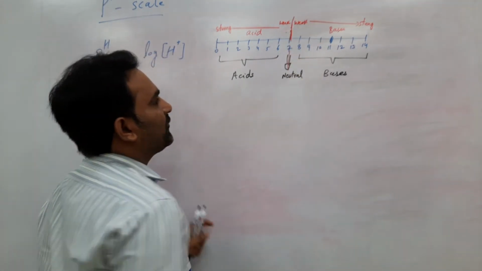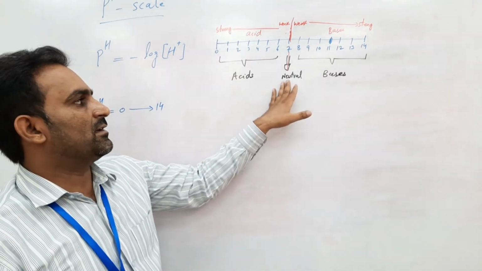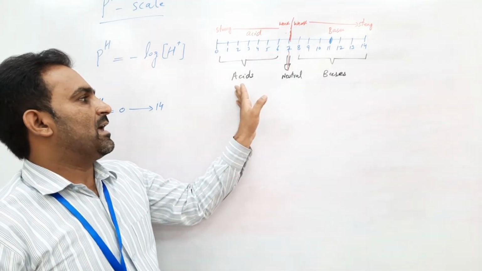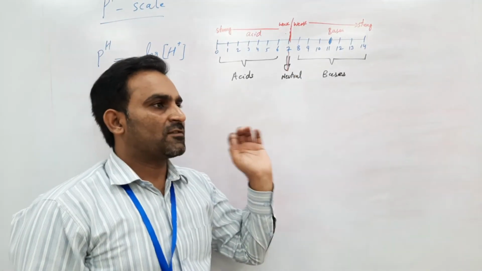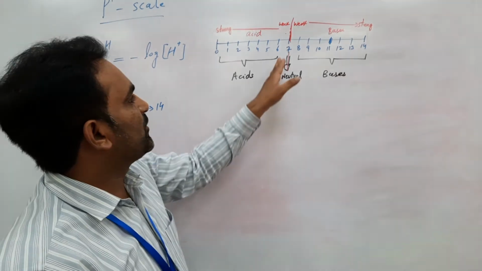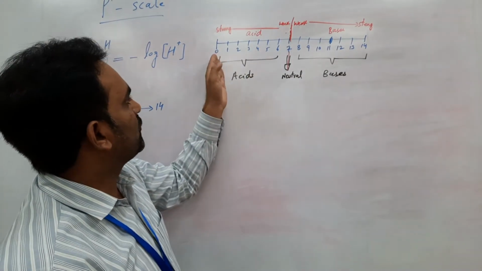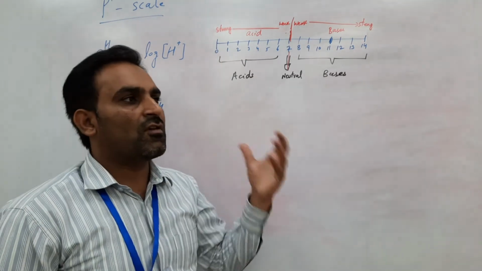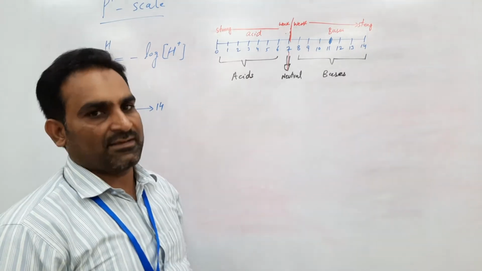If any solution has pH 7, you call it neither an acid nor a base, it is a neutral solution. If the pH of the solution is below 7, then you call it acid. If it is near 0, you call it strong acid, and if it is near 7, you call it weak acid.